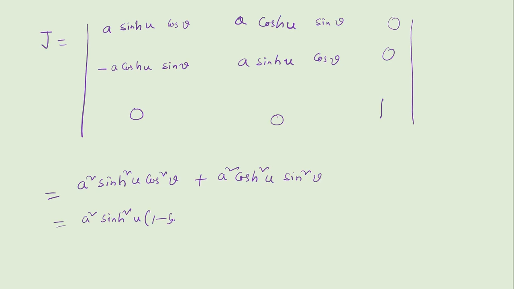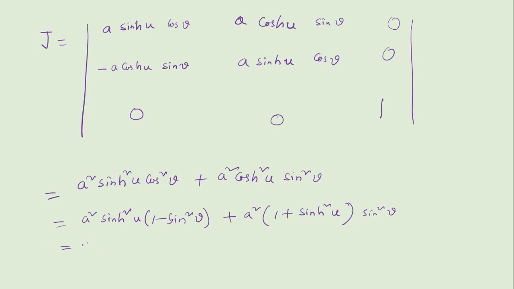This is 1 minus sin square v, a square, that is 1 plus sinh square u, and it is sin square v.